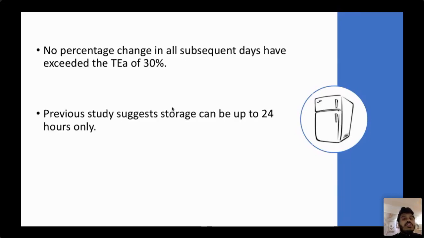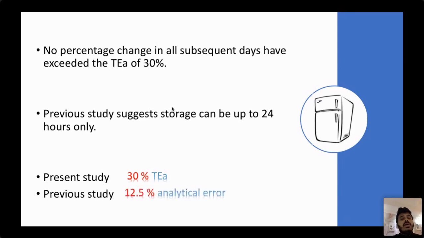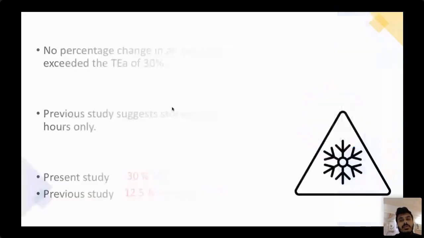Previous studies suggest storage can be used for up to 24 hours. The difference between our finding and them is clear because we chose a total allowable error larger than theirs. We used 30%, but they used a 12.5% desired analytical error.